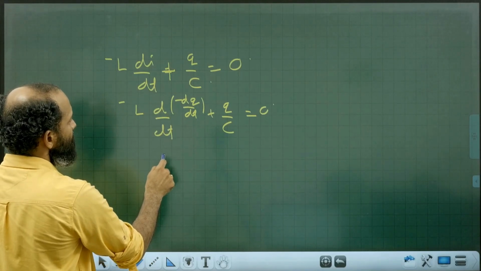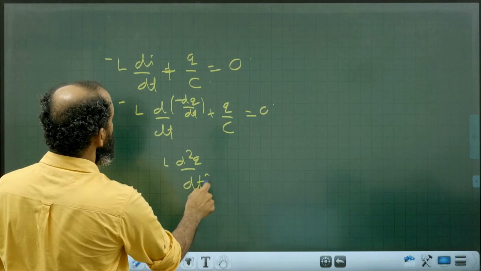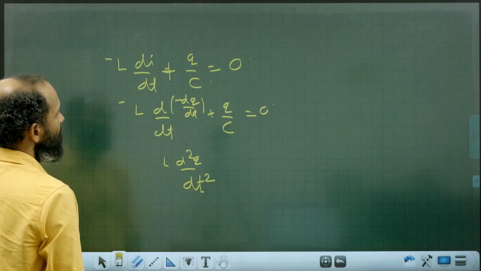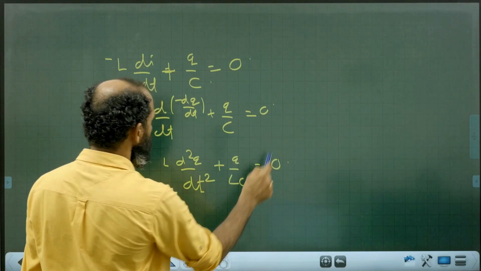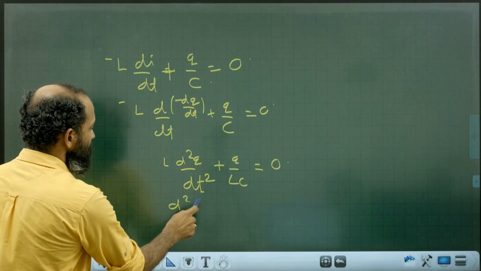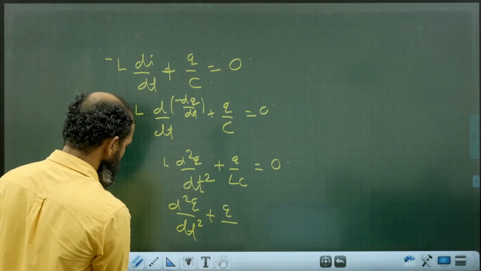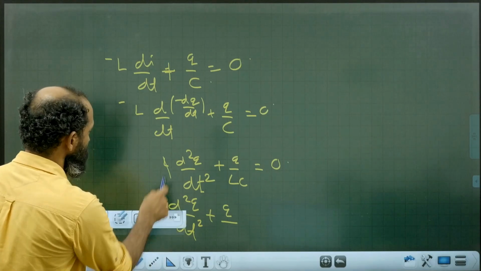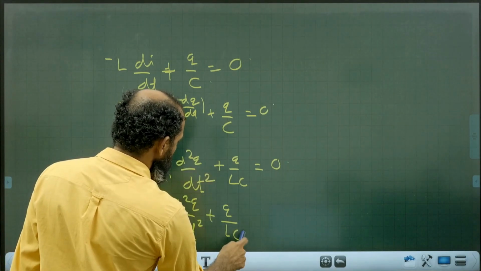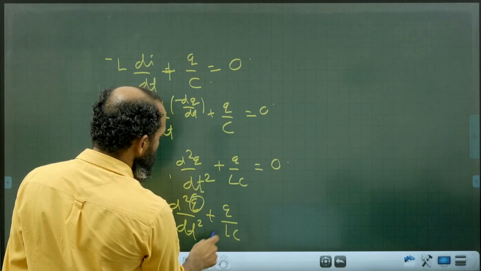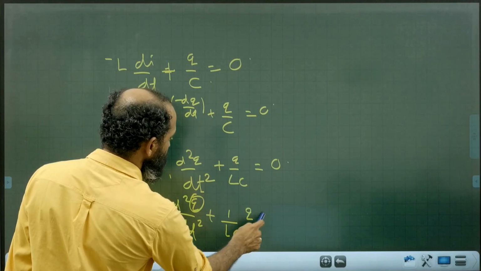That is why L d square Q by dt square plus Q by C equal to 0. I have already removed L from here and brought it down. That is d square Q by dt square plus 1 by LC times Q is equal to 0.